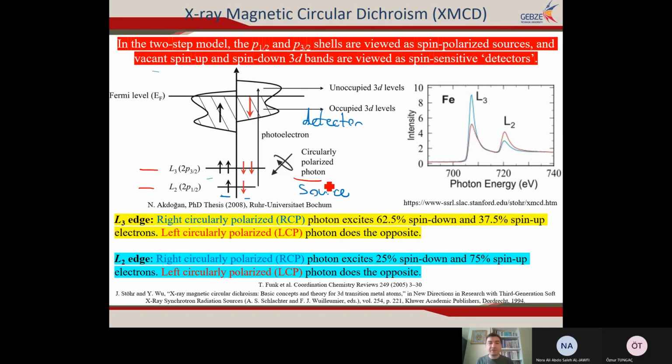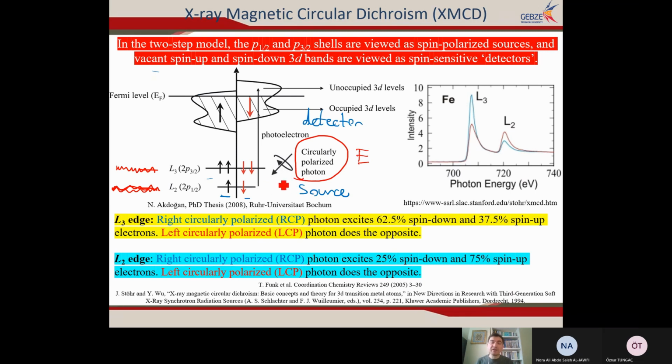Here we have circularly polarized light, X-ray, okay? And this circularly polarized light has energy around the binding energies of electrons in these levels, okay? You remember from the XRMS lecture, the binding energies of the electrons depend on the element, okay? So you choose some certain energy for the incoming circularly polarized light, and then you send these photons to your material.